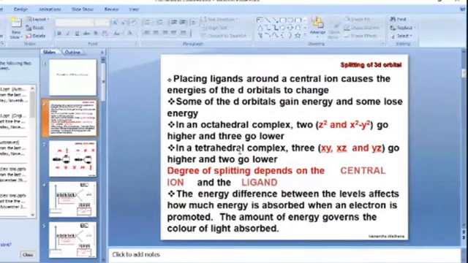Now, on the formation of colored ions, again, the explanation will simply be based on what happens to the d orbitals. So let us just see what is here on the first slide.